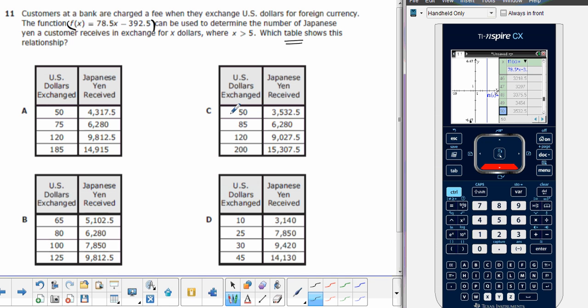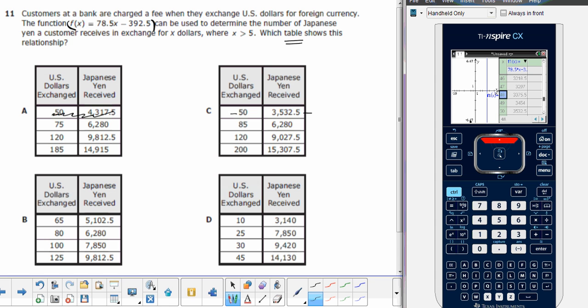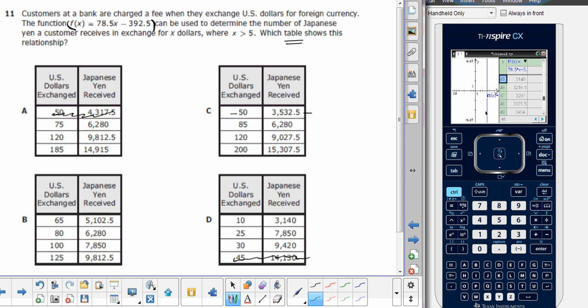Okay, so for the first one, this is good. So I'm gonna eliminate this one because I don't have 4,300. Let's see 65, or you know what? I see 45. Let's see 45. 3,140. 45. It's not this one.